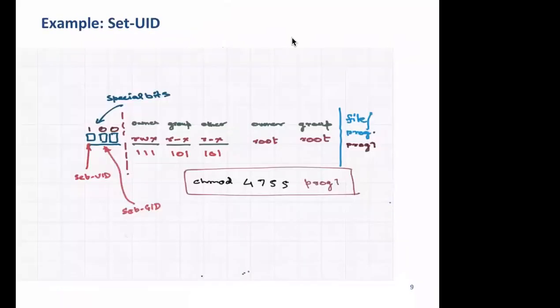And then yesterday we have seen this, right? When we say chmod 4755 to a program, effectively we are changing this program into a Set UID program.